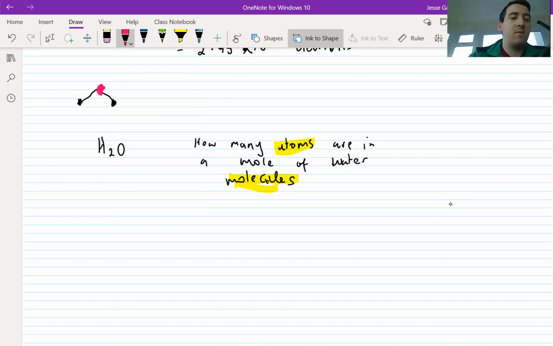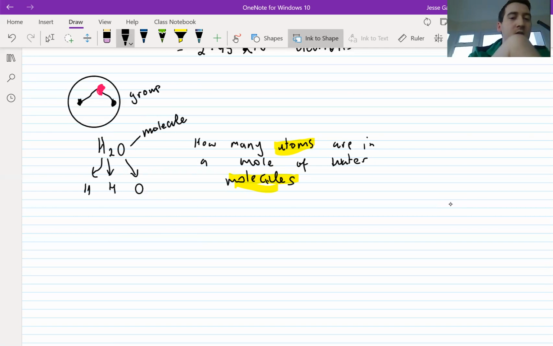We looked at this last week when we said that this water contained a hydrogen, another hydrogen, and an oxygen. This is a water molecule. A molecule is a group of atoms chemically joined together or bonded together. That is a molecule. Whereas an atom are the individual circles. So an atom is just one of these circles.